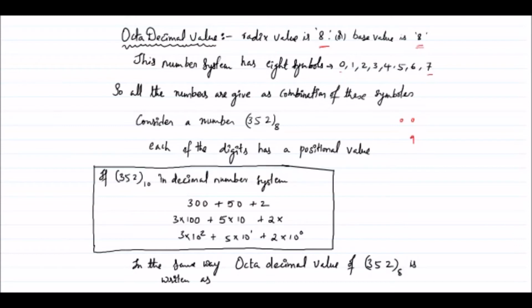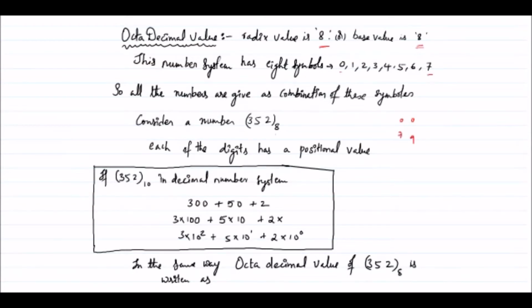In this octal system, the numbers will be from 0 to 7, whereas in the decimal number system, all the numbers start from 0 to 9, right? But in the octal value, the values will be from 0 to 7.